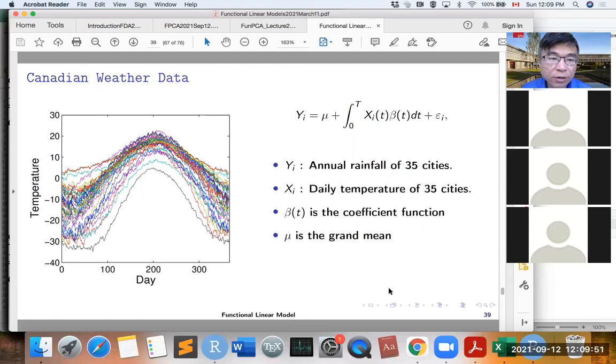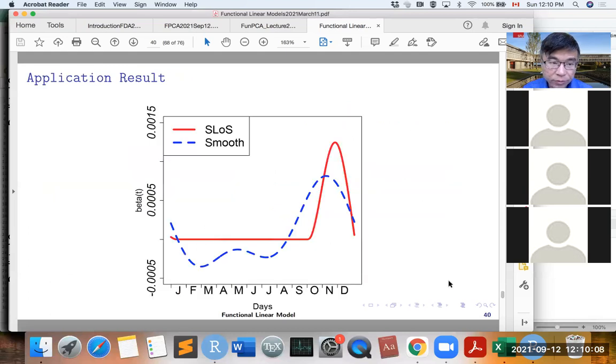So this is the result on the Canadian weather data. Our response Y_i is the annual precipitation, and X_i(t) is the daily temperature, and we want to estimate beta(t).